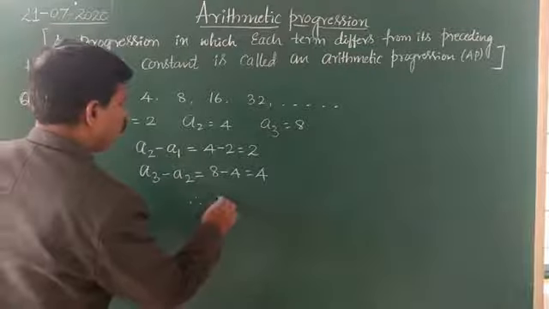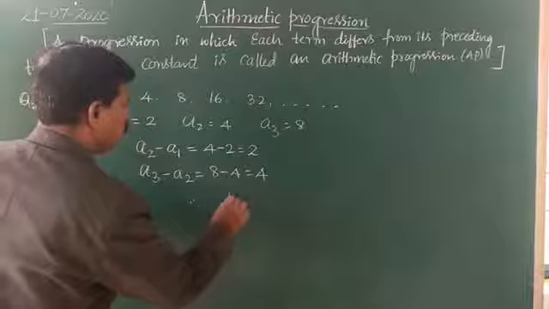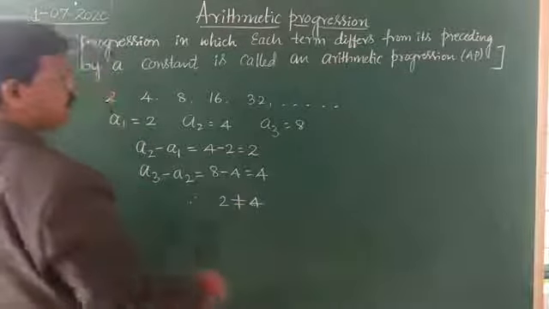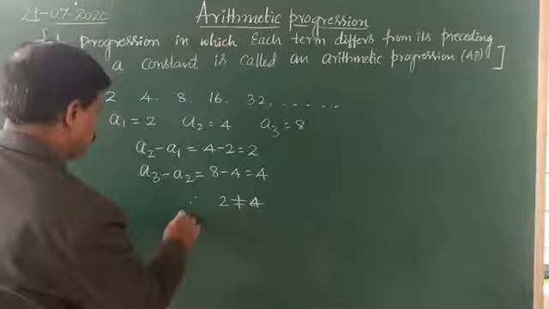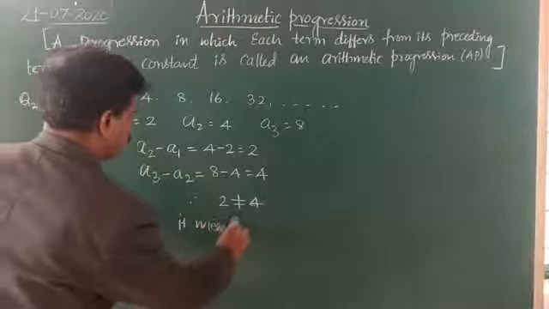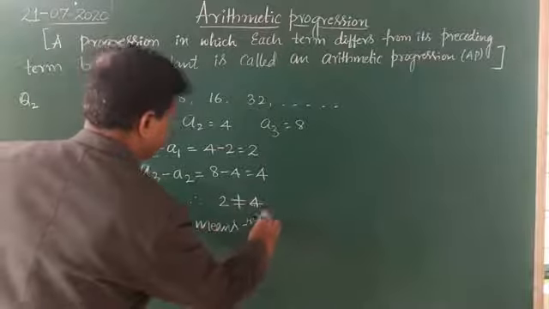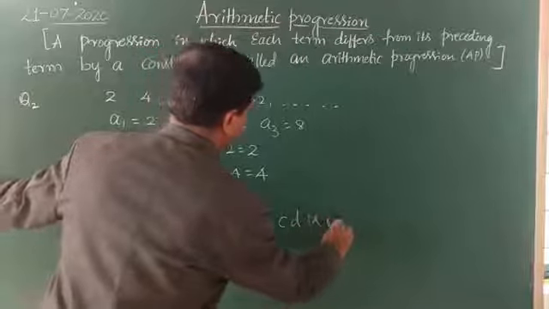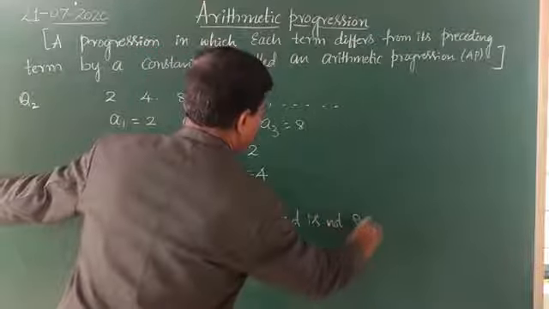Therefore, 2 is not equal to 4. It means that the common difference is not the same.